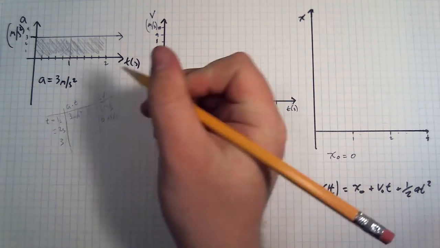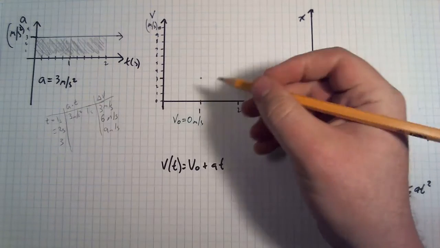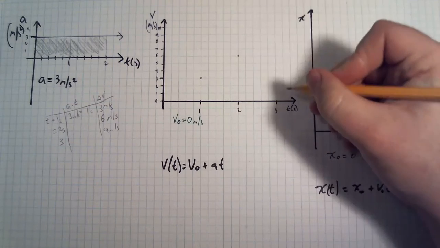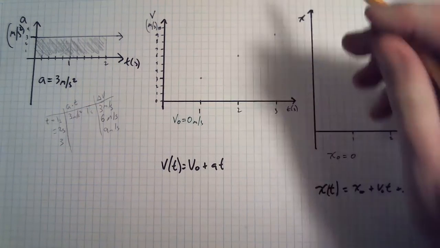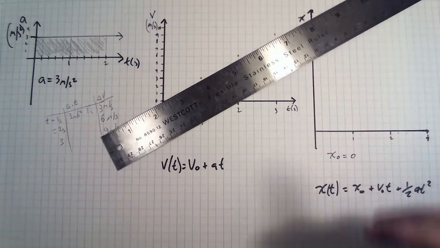Now if I go to 3, it's going to be 3 times 3, which is 9 meters per second. So I can plot these out, and pretty quickly you should see what's building up: we are getting ourselves a nice, simple line.